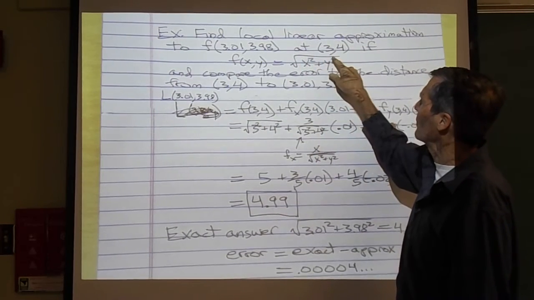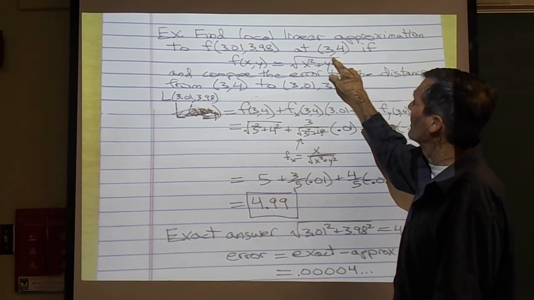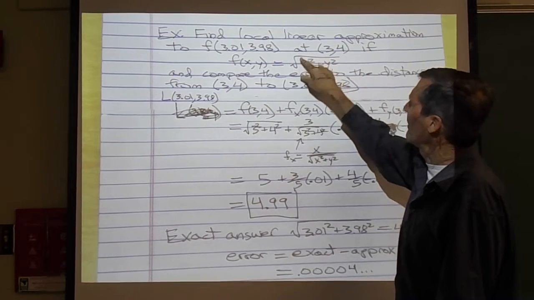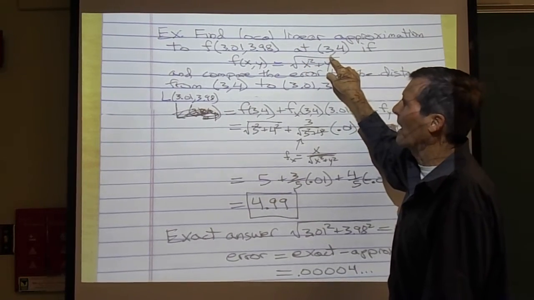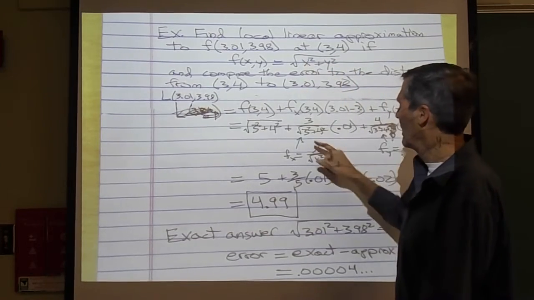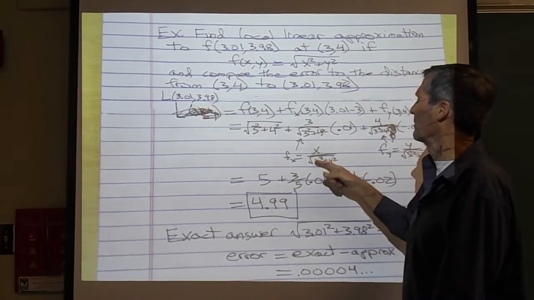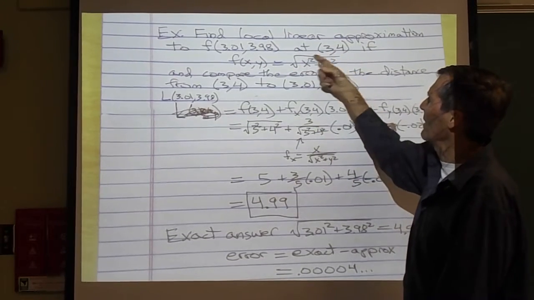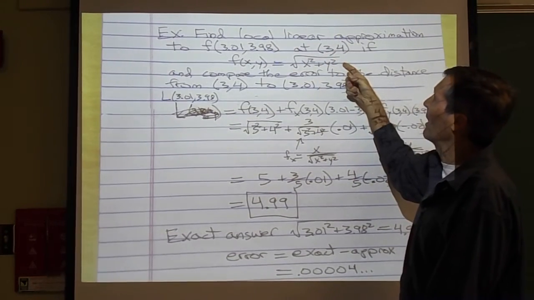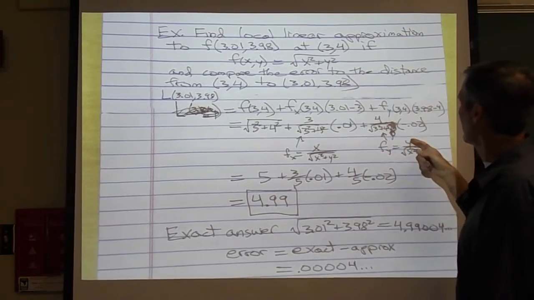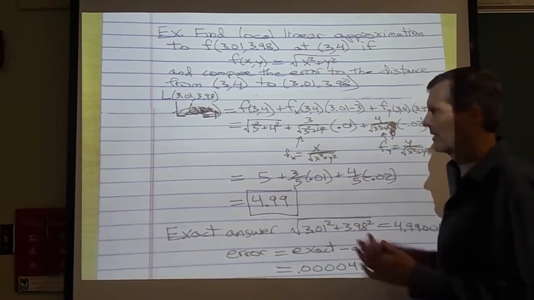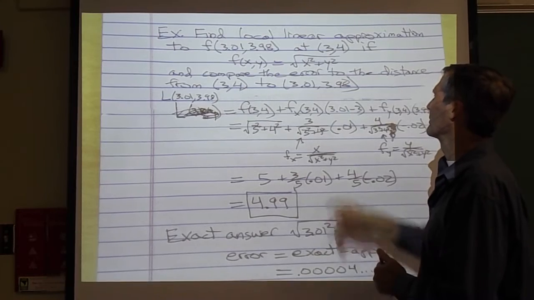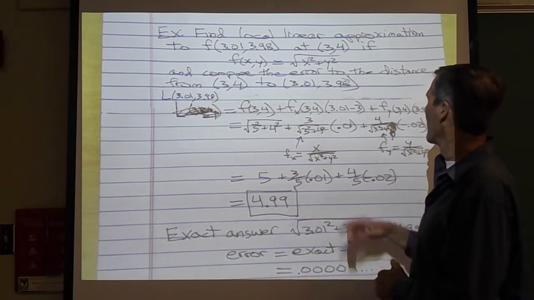This is x squared plus y squared to the 1/2, so its partial is 1/2 x squared plus y squared to the minus 1/2 times 2x, right? Comes out to be x over square root x squared plus y squared. Partial with respect to y is 1/2 x squared plus y squared to the minus 1/2 times 2y, which is y over square root x squared plus y squared. I said that fast, you rewind it or try it yourself and start the video again.